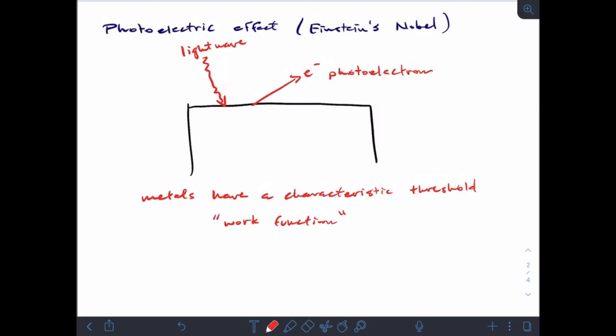Right, so if I hit that metal with a light wave that has greater energy than that work function, an electron will be kicked off. Okay, you exceed the work function, eject an electron.